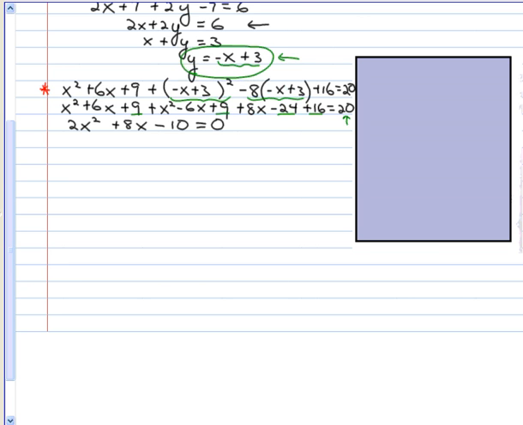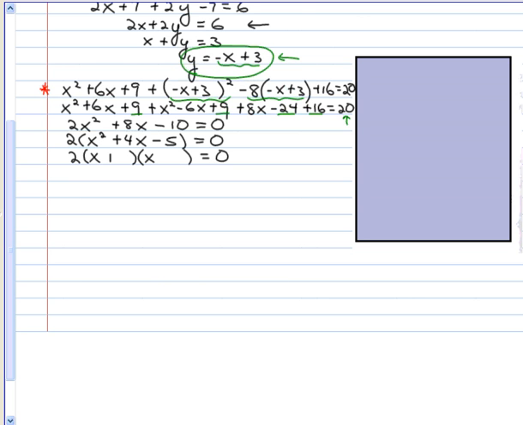Well, I want to factor this, but I notice a 2 is common, so I'm going to factor out a 2. x squared plus 4x minus 5 equals 0. Now I can factor this trinomial and see what values of x make it equal 0. x times x will be x squared.